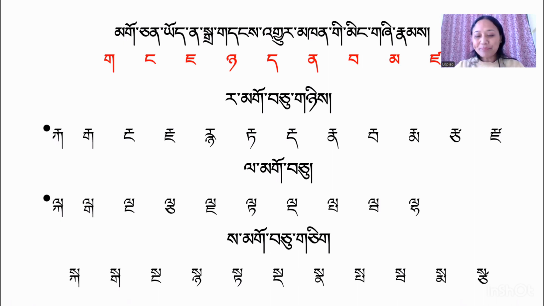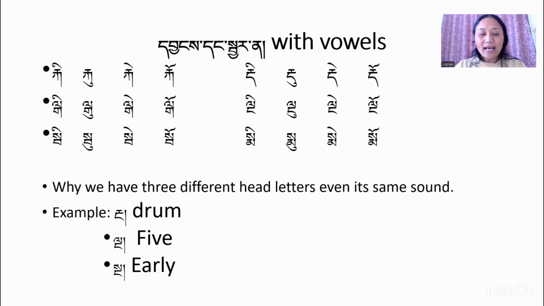Next, when you put the vowels, some examples are here of how to read. Ra, Kata, Ka, kigu, ki. Ra, Kata, Ka, shabju, ku. Ra, Kata, Ka, drengbu, ke.